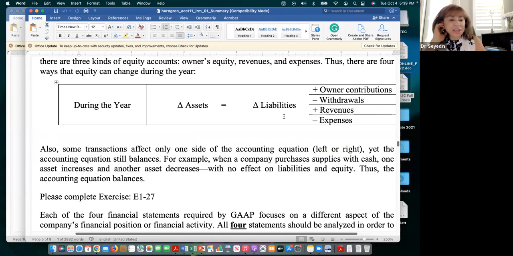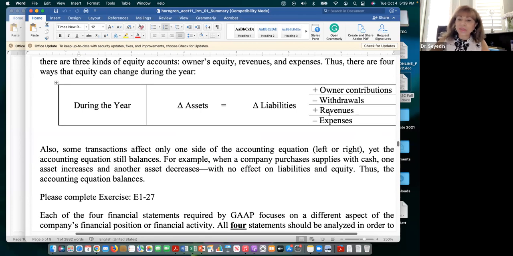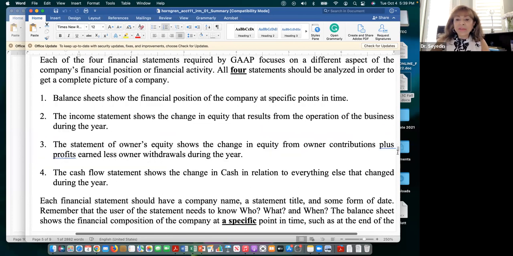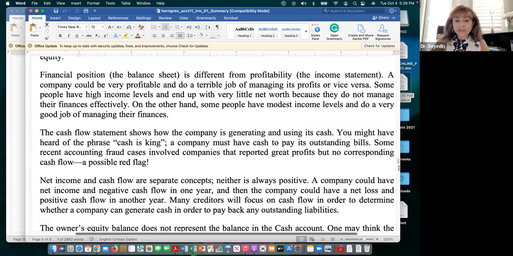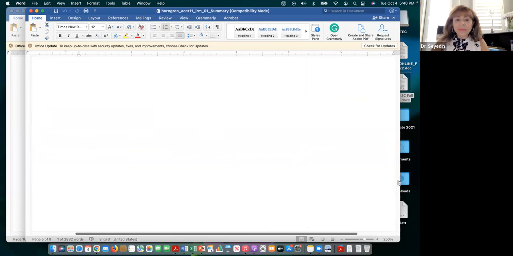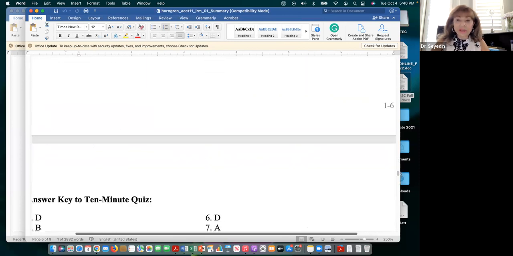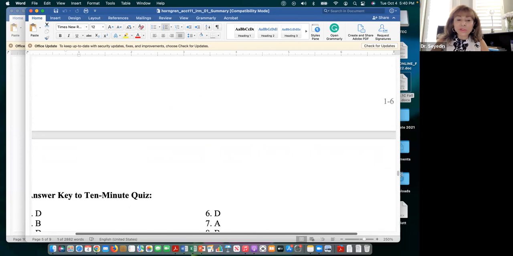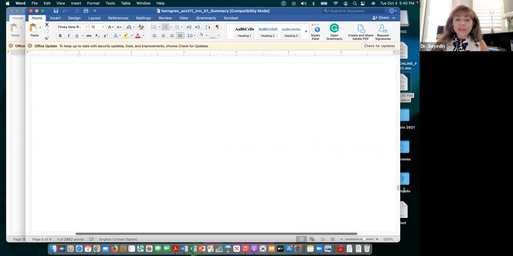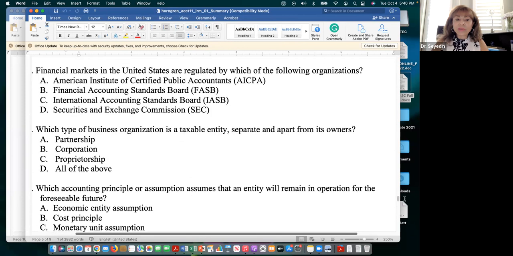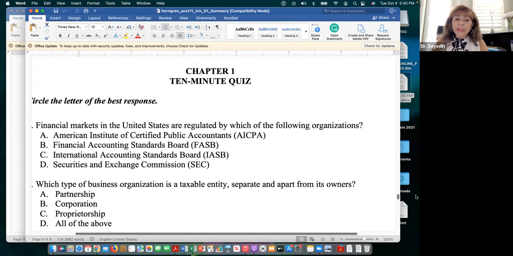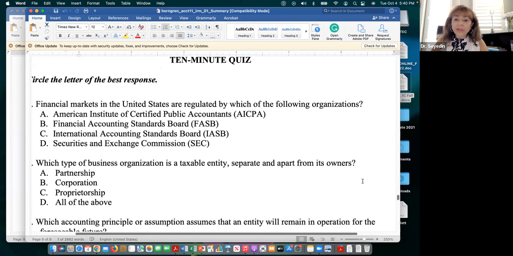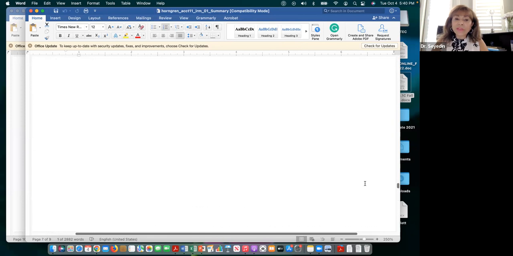I have some exercises. You can do the exercises, and then at the end I have a quiz. And this is not a quiz I have designed. This is a quiz that your publisher has designed, and it is right over here. And you can take the quiz and then take a look at the answer key to see if you understood the chapter.